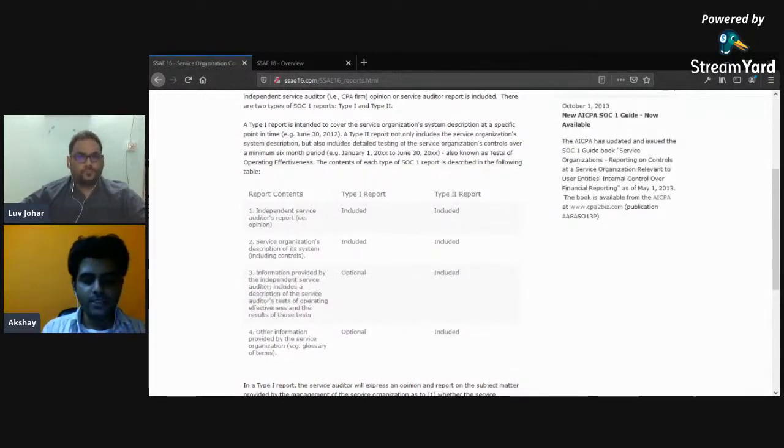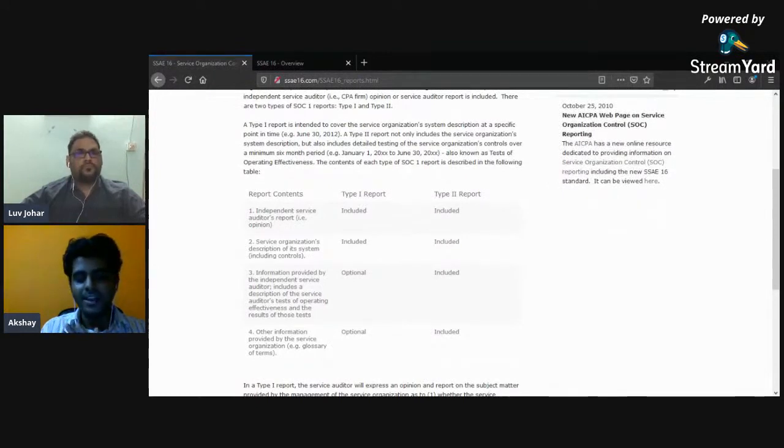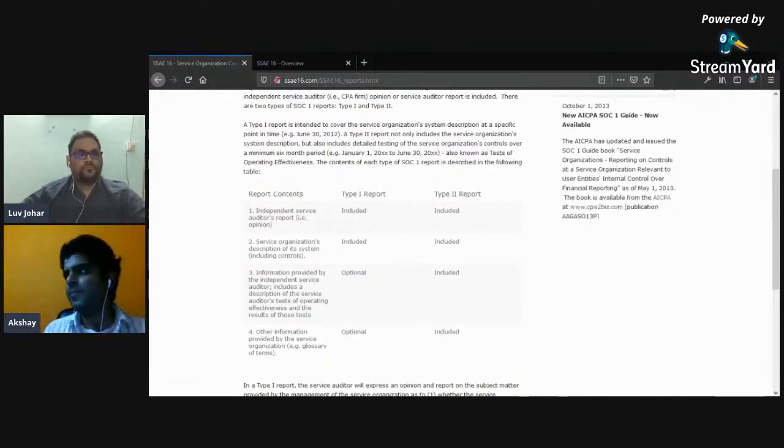Then you have a description for all the types of controls that are in place. You define whether you are subcontracting anything, what kind of data you are processing, and what the scope is.